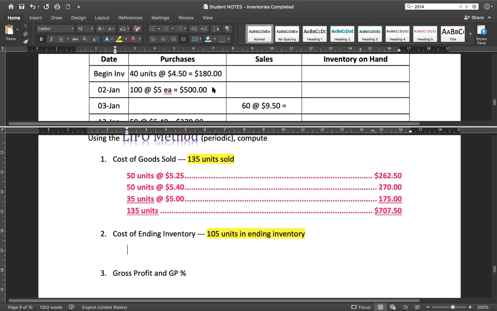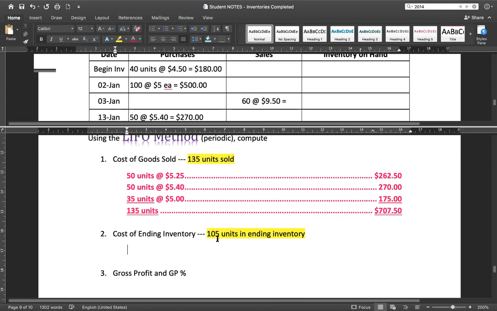So now we're going to get to 105 units starting with the beginning inventory. So that's 40 units at $4.50, and that gives us $180.